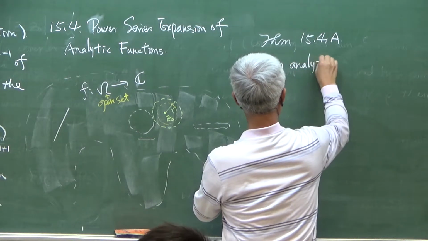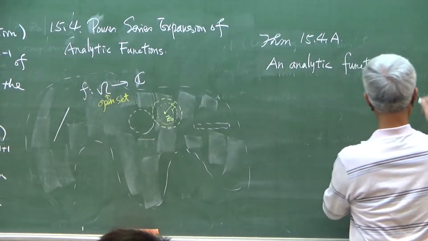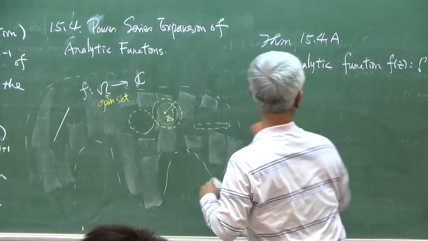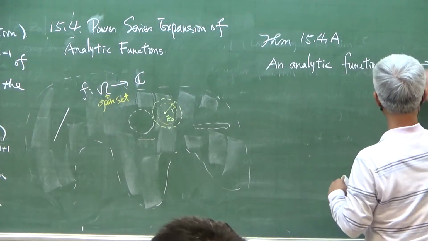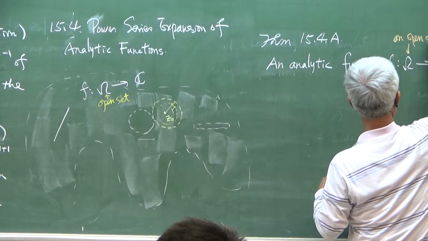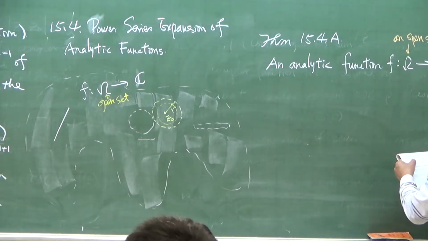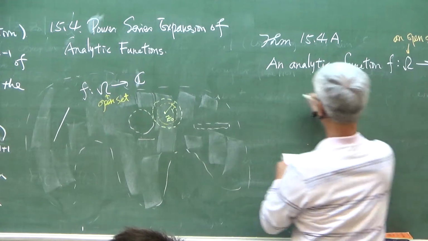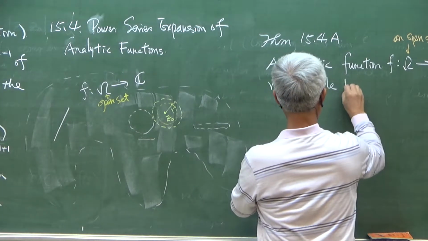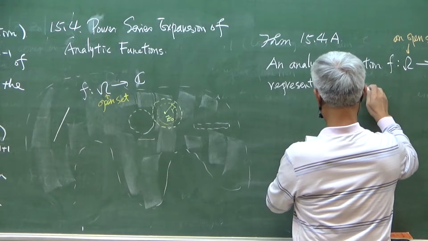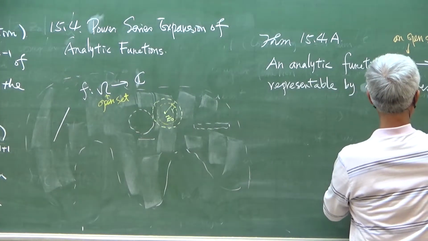An analytic function f of z from an open set omega to the complex numbers is representable by a power series in omega.